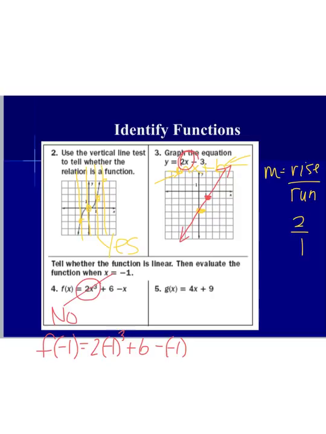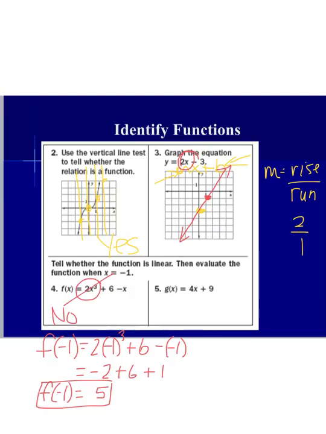Negative 1 times 2, this is going to be negative 2. Then we have plus 6. And if we have minus a negative, that's the same thing as a plus 1. And then now we want to simplify that. So we have negative 2 plus 6, which is 4, and 4 plus 1 is 5. So evaluating for when x is equal to negative 1 on this first one, it is 5.